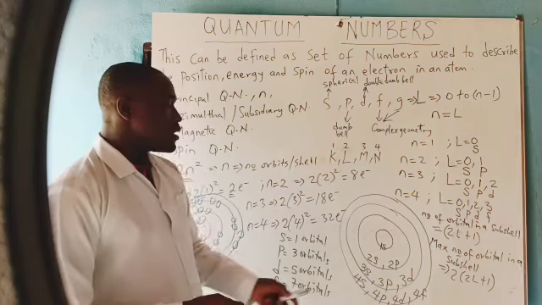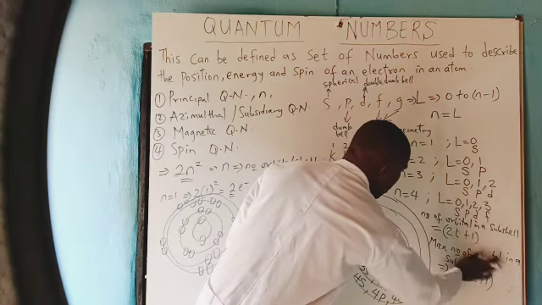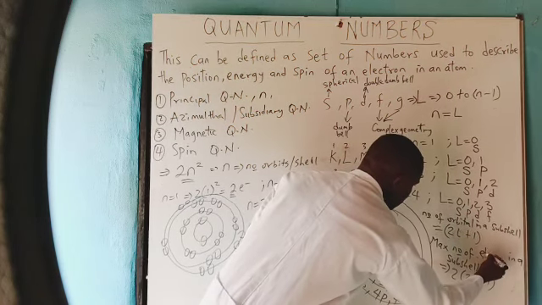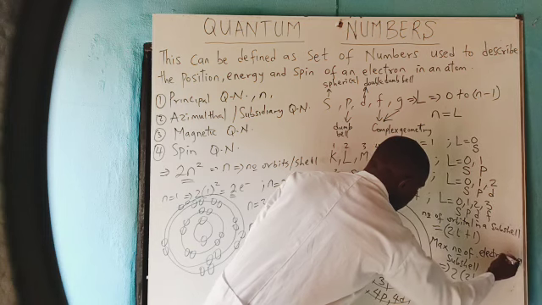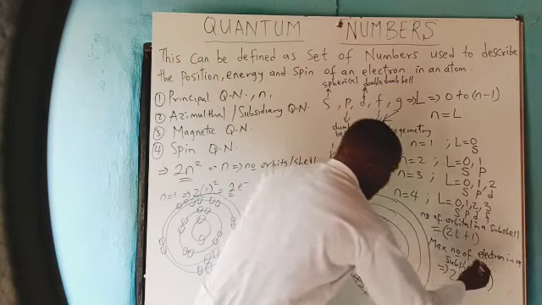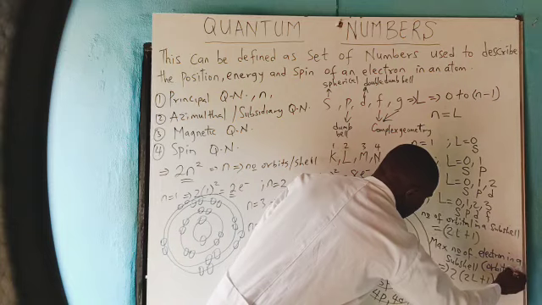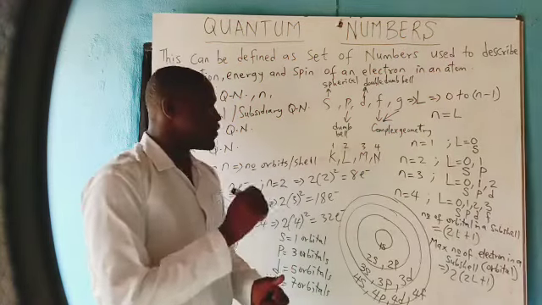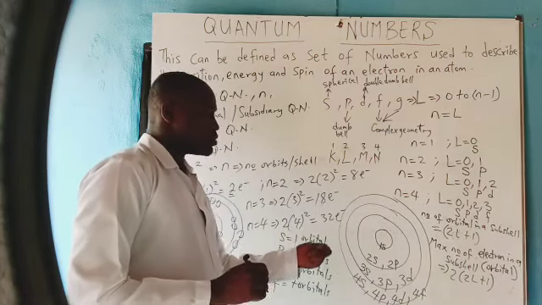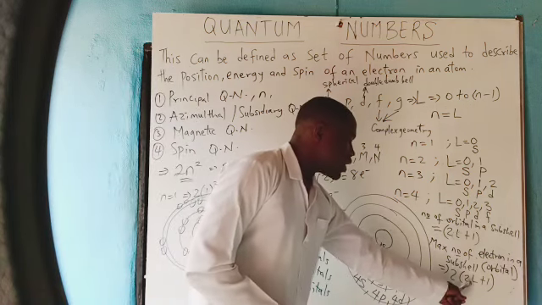Okay? Then the maximum number of electrons in a subshell. The maximum number of electrons in a subshell, or in an orbital, is 2 bracket 2L plus 1.